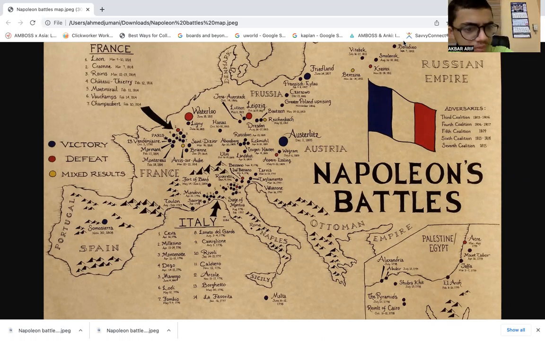Let's do this. Previously we discussed that the consulate is formed, Napoleon comes in, overthrows the directory and puts in a consulate, and then as consul he's basically the one who runs the government.